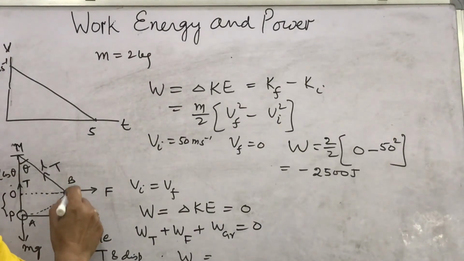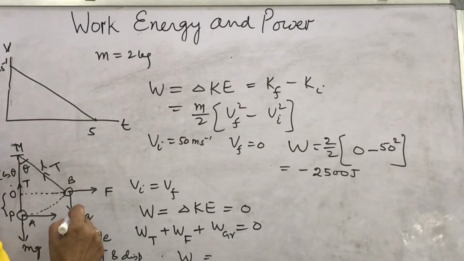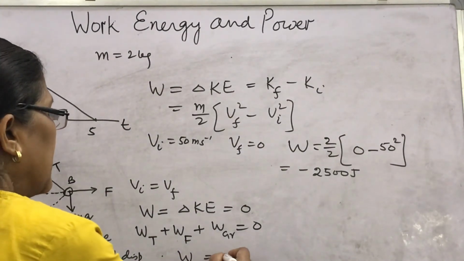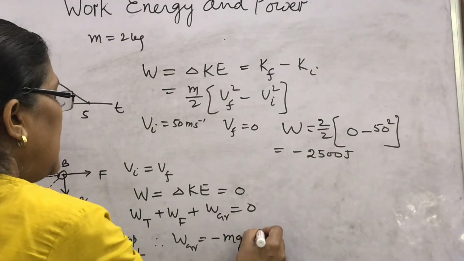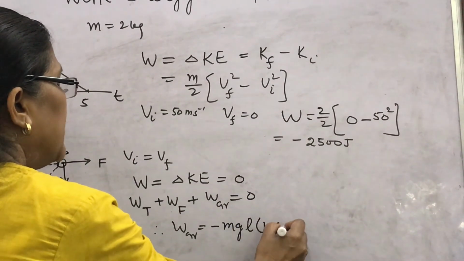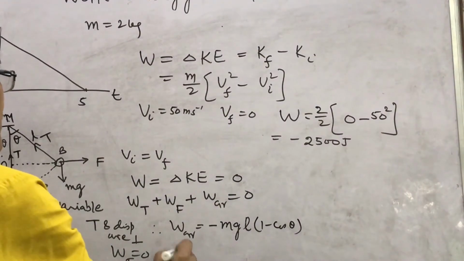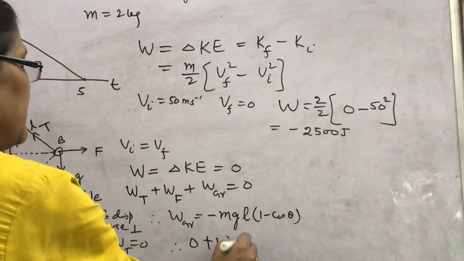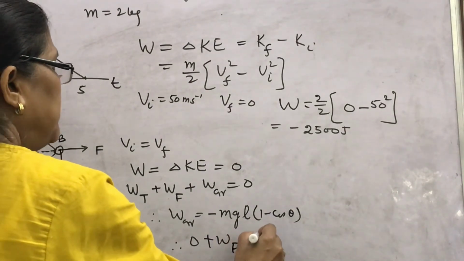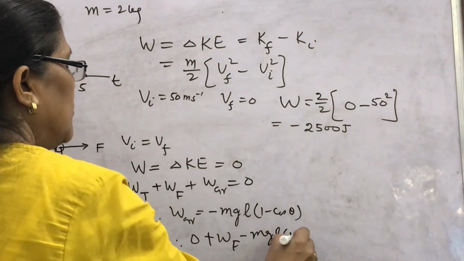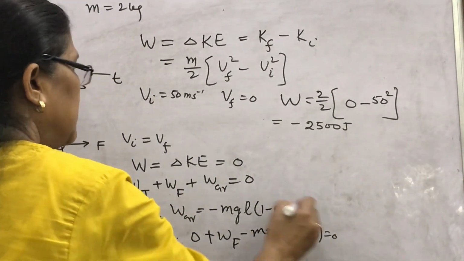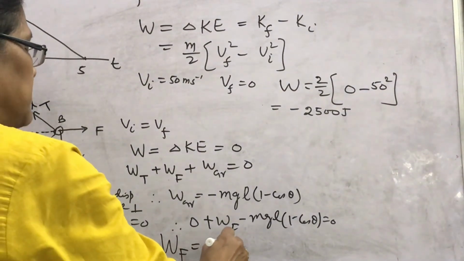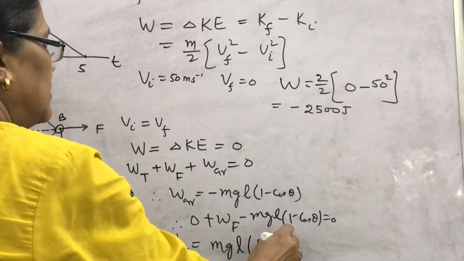So from this to this, the perpendicular or vertical displacement is PO. So this will be minus mg into L within bracket 1 minus cos theta. Therefore finally you will write 0 plus work done by force minus mgL times 1 minus cos theta equal to 0. This proves that WF equals mgL times 1 minus cos theta.